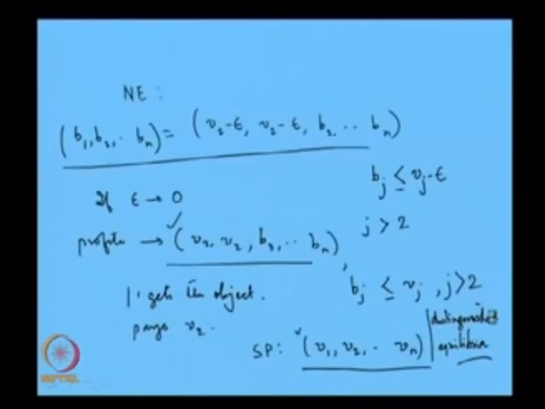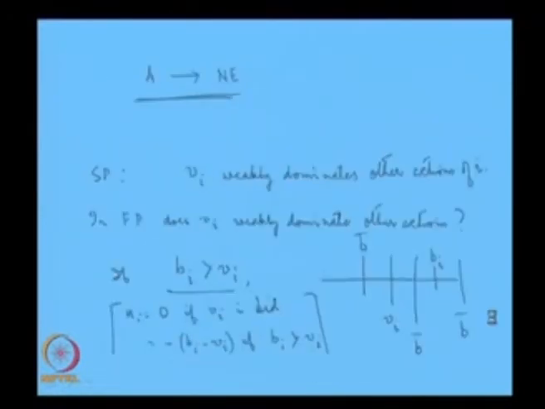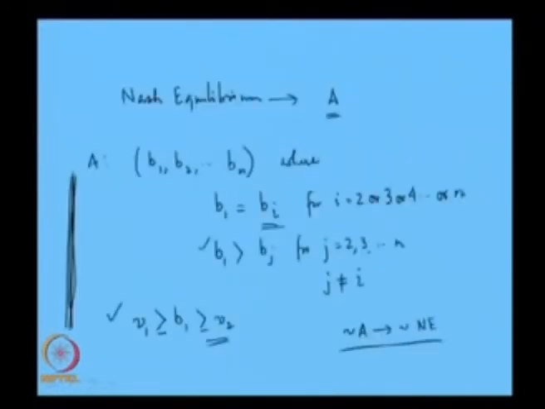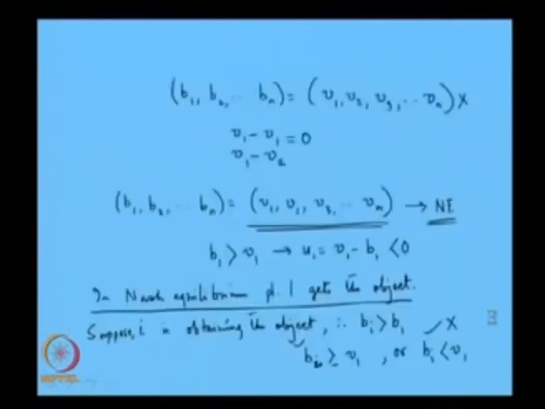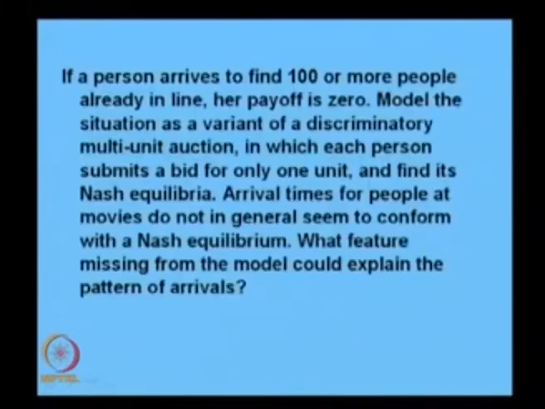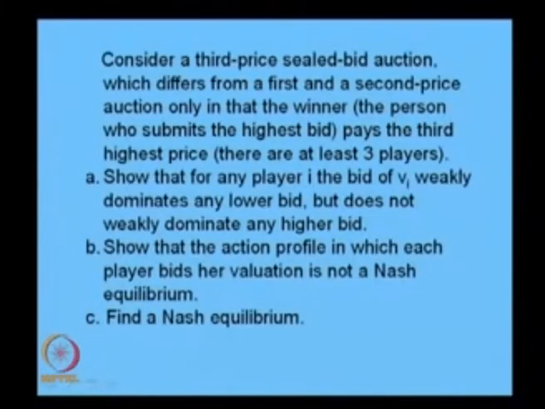Let us do one exercise which extends our first price and second price auctions into what is known as the third price auction. Consider a third price sealed bid auction, which differs from first and second price auctions only in that the winner, that is the person who submits the highest bid, pays the third highest price.